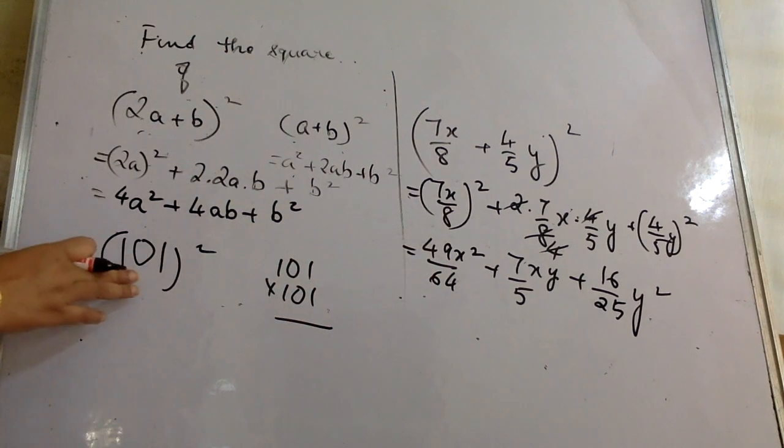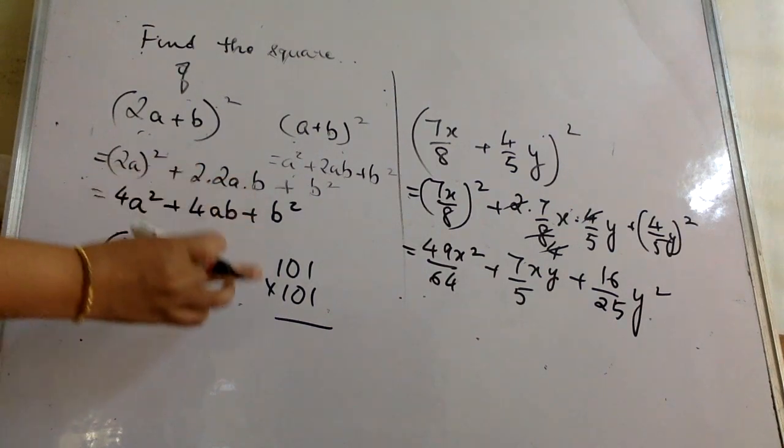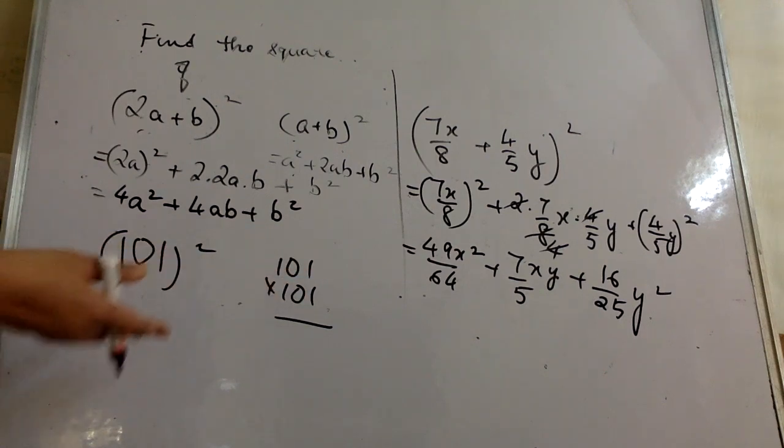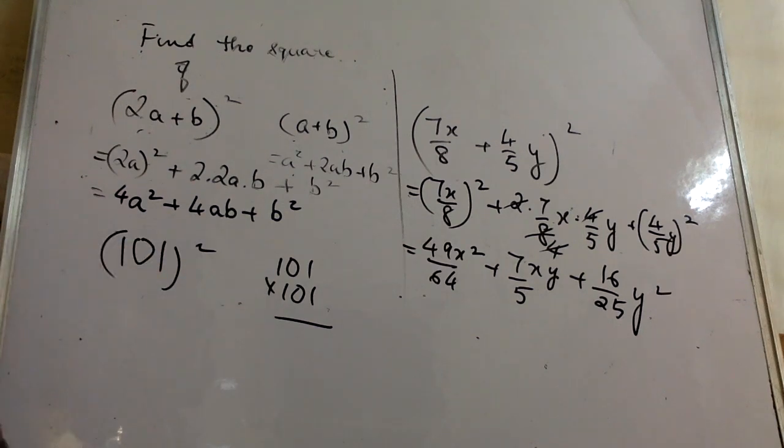We could have done 101 into 101 and got the product. After all, 101 square is this only. But if you do this, you are not going to get any marks in your exam because they want you to use identities.